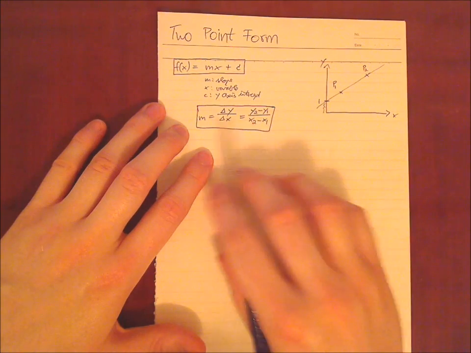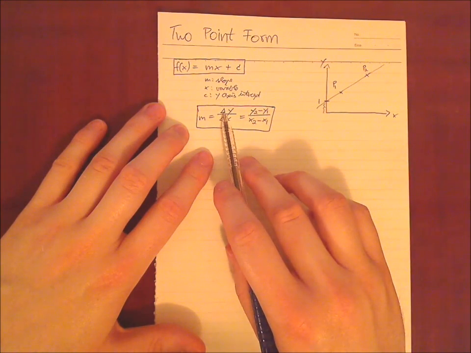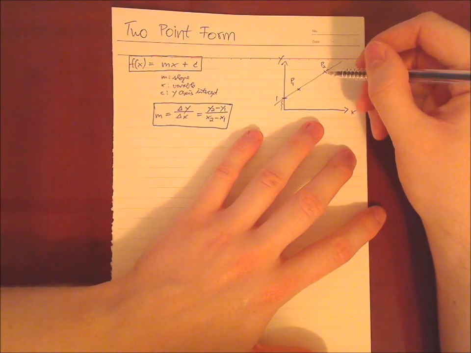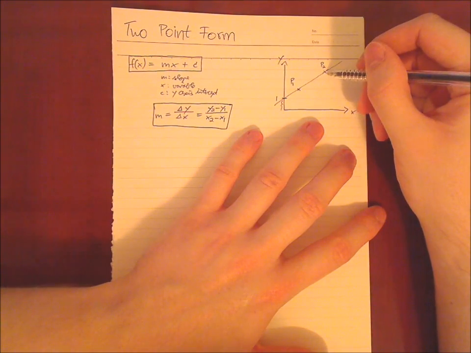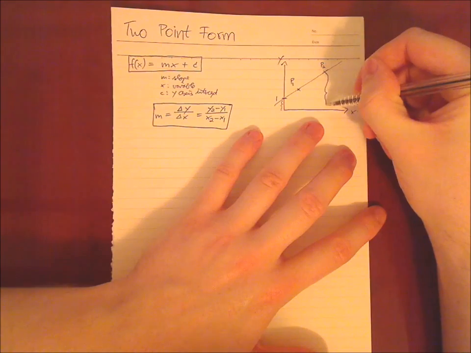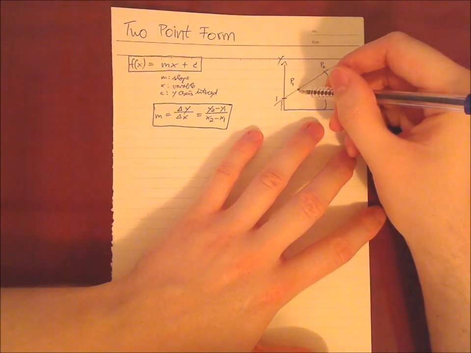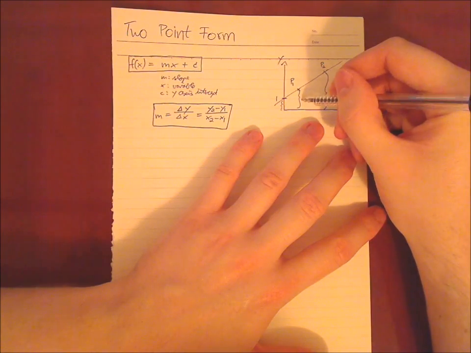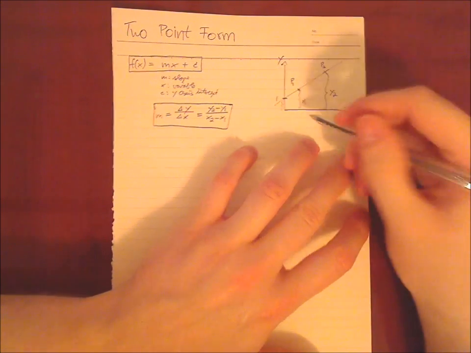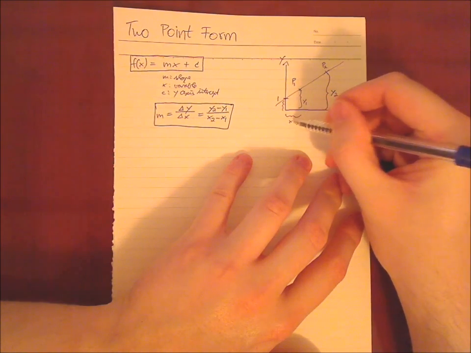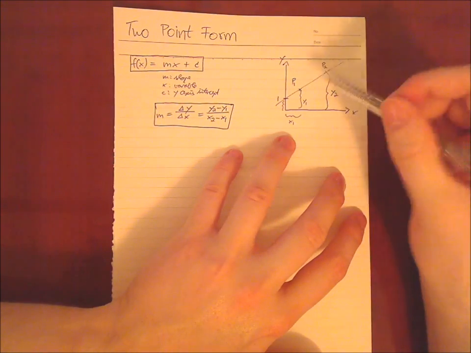But what does it actually mean? We have delta y divided by delta x, and it means exactly this: p2 would be our y2, and this would be our y1, and exactly the same thing on the x-axis, this would be x1. This is most important.